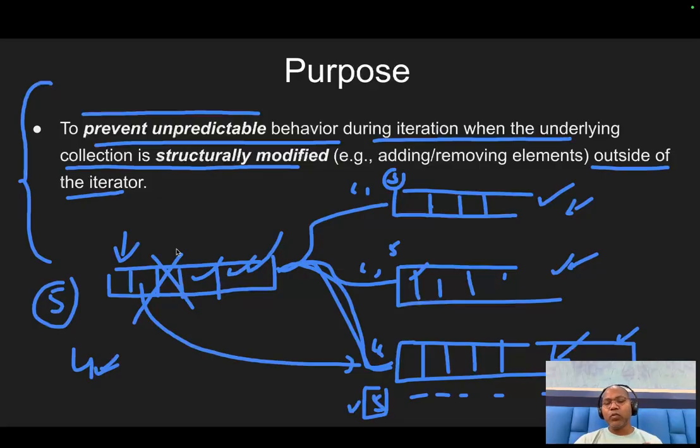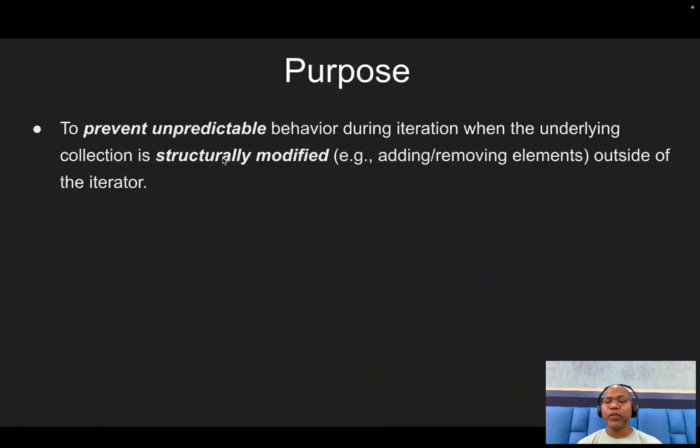To prevent that, the Java designers designed the iterator with this ConcurrentModificationException, so that if something unwanted happens, we know and fail our execution. Okay, so that is the objective.